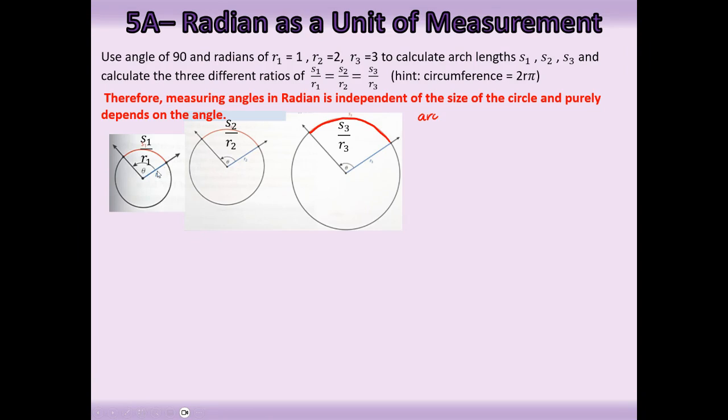No matter how big or small the circle is, if you're familiar with enlargement and the scale factor from what you remember from GCSE, the ratio of the arc length to the radius of the circle remains the same, because the angles here are exactly the same.